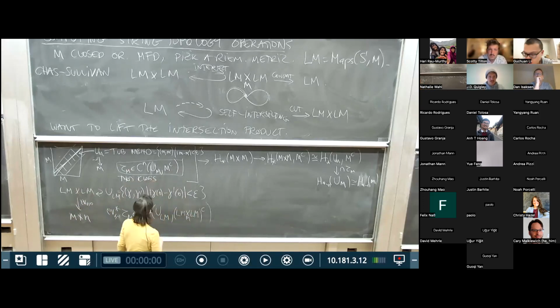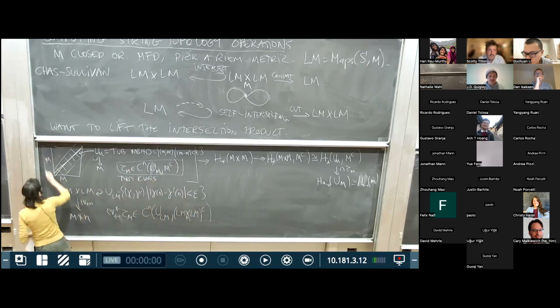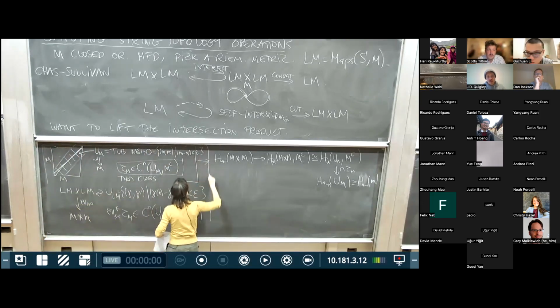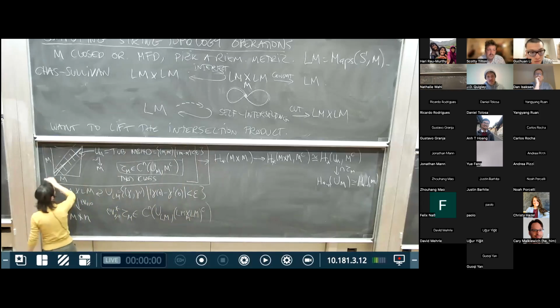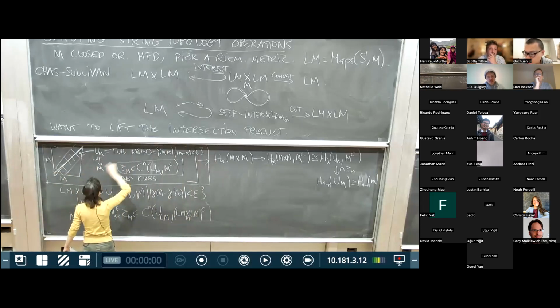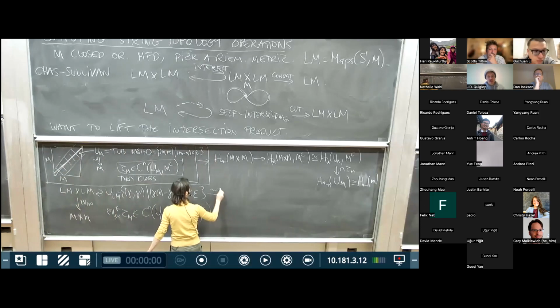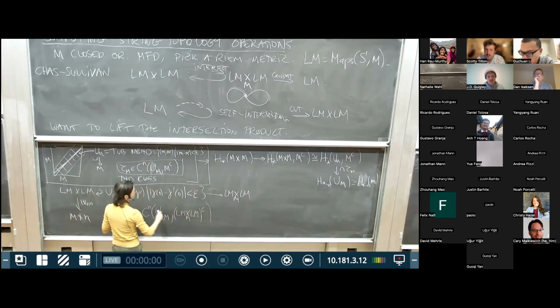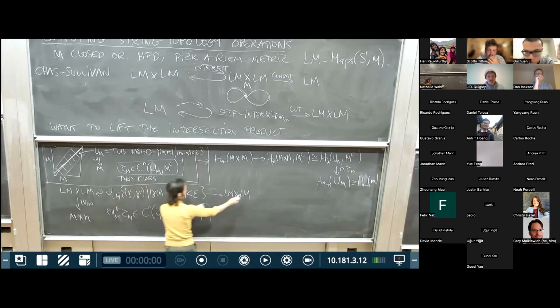So what is the data we used to define this? We used a certain subspace that had a retraction back to M. So we would like this to also have a retraction back to, it doesn't matter that it's an equivalence, LM crossover M LM. So these are loops that almost self-intersect, and these are loops that actually intersect.